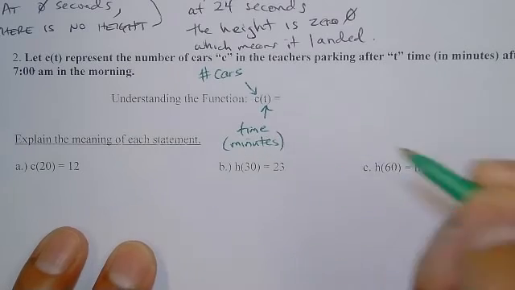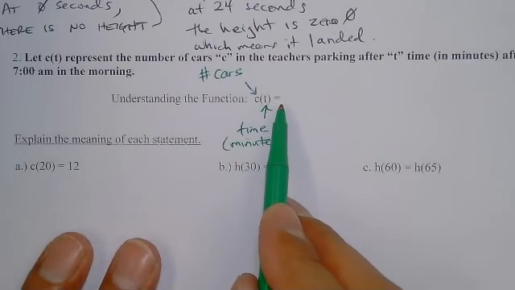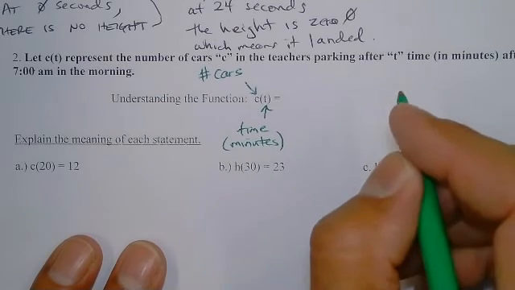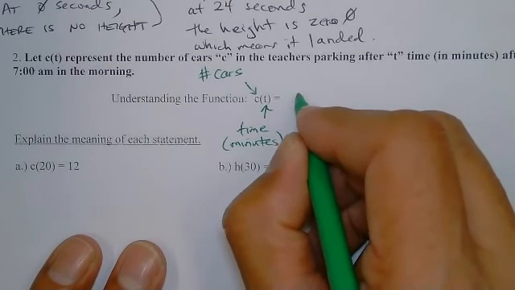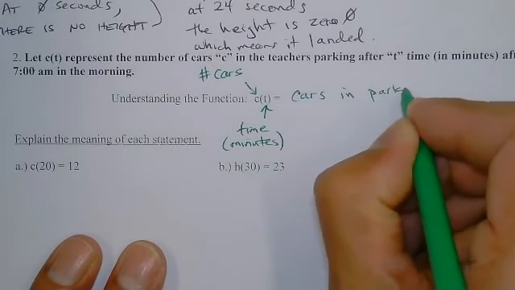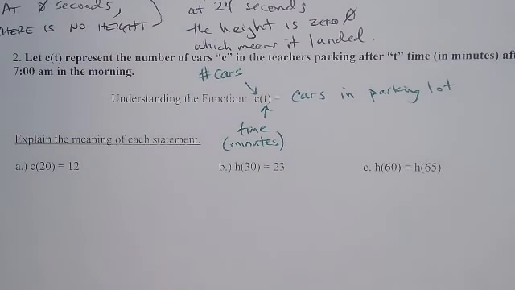The T is for time, but that's in minutes, right? Not seconds. And what does this function C of T mean? It's going to tell me the number of cars in the parking lot.